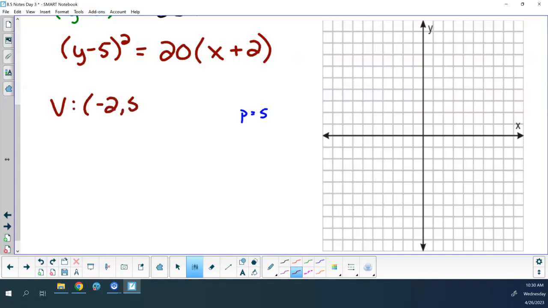Negative 2 comma 5. If P is 5, what else can you tell me? Focus is where?